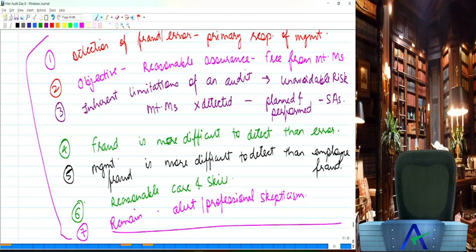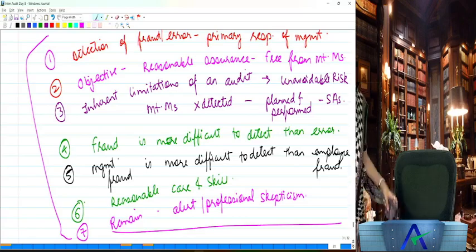Detection of fraud or error, is it the duty of the auditor? Whose responsibility do we say it is? Management. So management, fraud is ethical or unethical? Fraud is unethical. So if management wants to prevent the occurrence of a fraud, if they don't want a fraud to happen, what do they need to introduce?